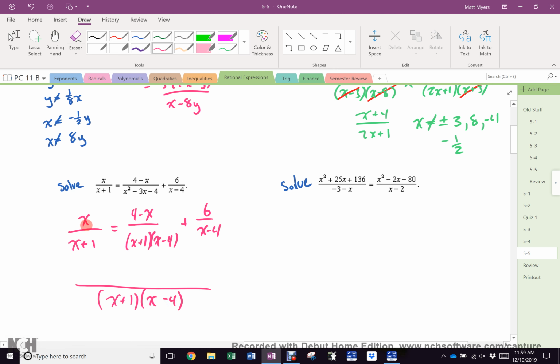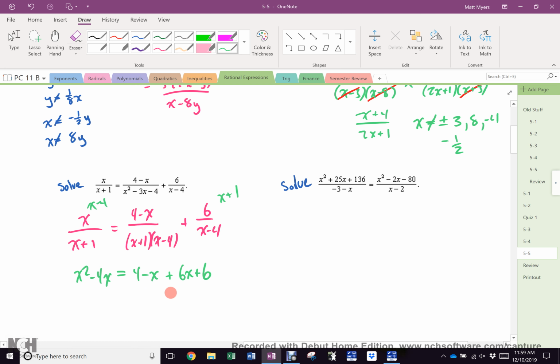What does this need? x minus 4, x squared minus 4x equals, what does this need? Nothing. What does this need? x plus 1, 6x plus 6. Now that they're all over a common denominator, do I care about the common denominator? No, and then I just solve it.